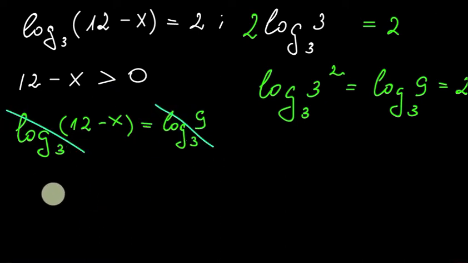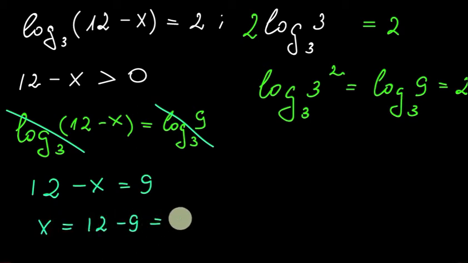Okay, I'm not sure if that's the right term, but we do that, and we get that 12 minus x is equal to 9. Now we are moving x to one side and 9 to the other, and we get that x is equal to 12 minus 9, and it is equal to 3.